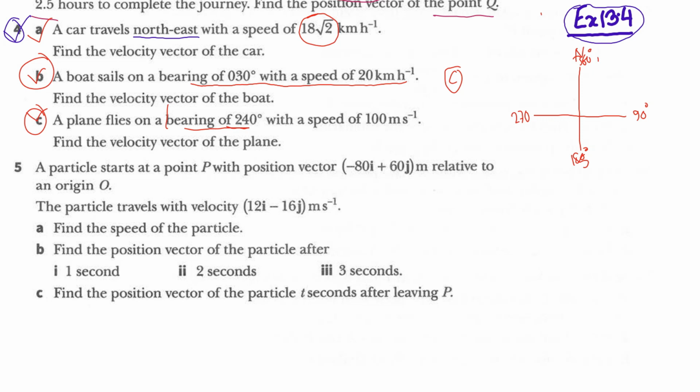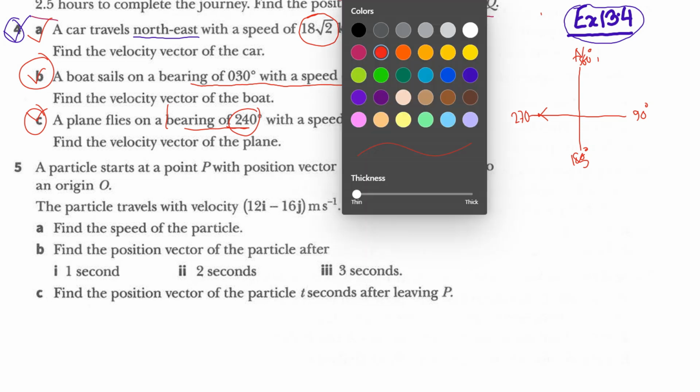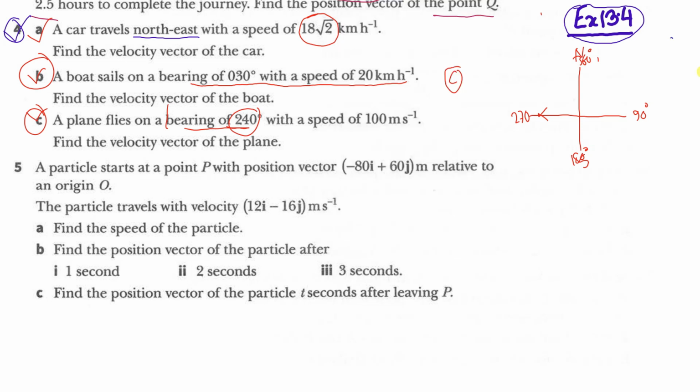270 degrees, actually we know this is the line 270 in that direction, but the angle is 240 degrees, so it's 30 degrees below that line. I'm going to draw with a different color here. We can write here 240 degrees, it moves like this in that direction, from here to this angle it makes 240 degrees.